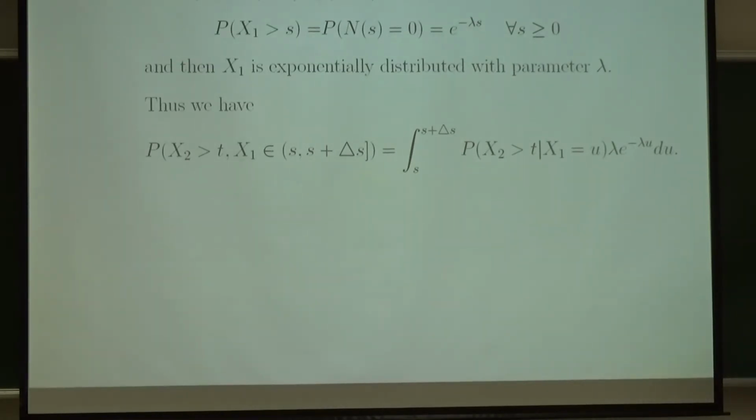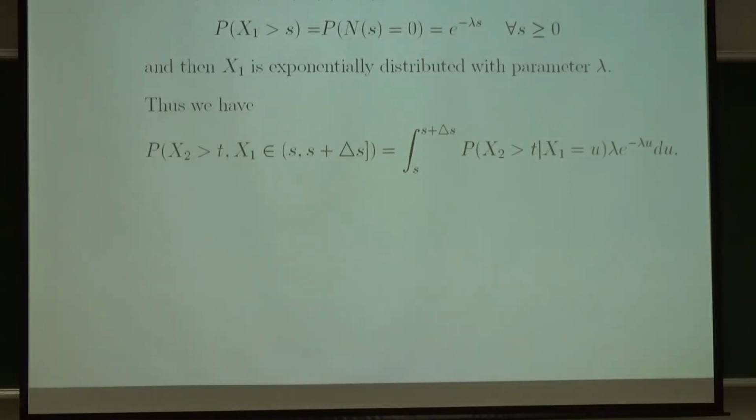Because, as we know, this is probability S1, so this is 1 minus probability. And this is 1 minus. Right?